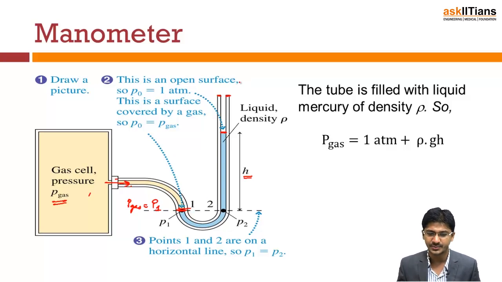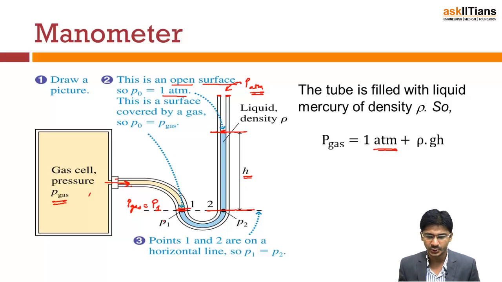Now this is open to the atmosphere, you can see it from here. So the pressure that will be acting here will be atmospheric pressure, which is 1 atm. In terms of Pascal it's 1 into 10 to the power 5 Pascal. Being an open surface, the pressure is 1 atm. Now if we apply the equation that we have, the height of the liquid is h.